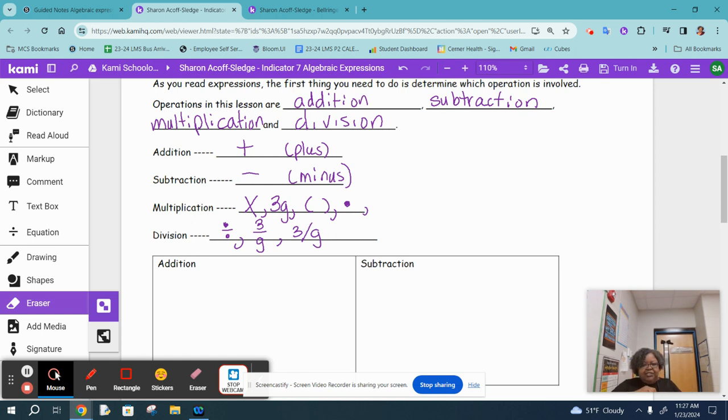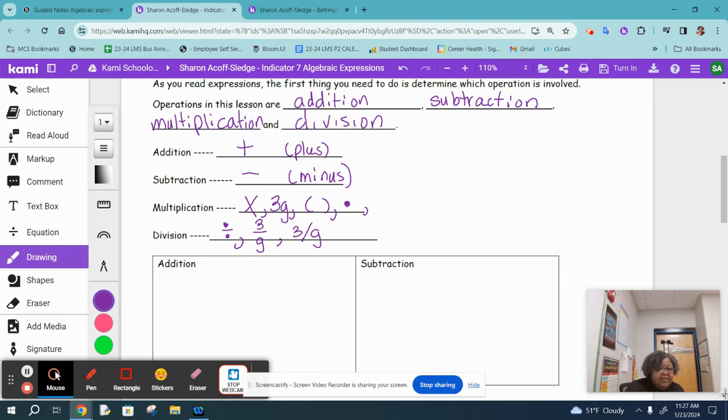Give me a good question. Which one of all of them would be the best one to use? Okay, if I'm writing expressions, when I'm doing multiplication of a number, I do this.